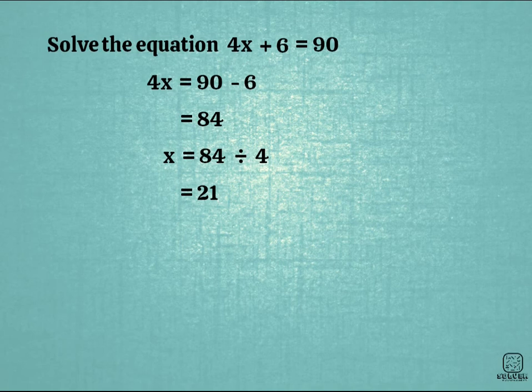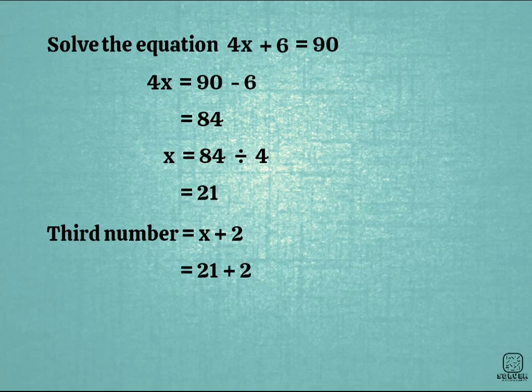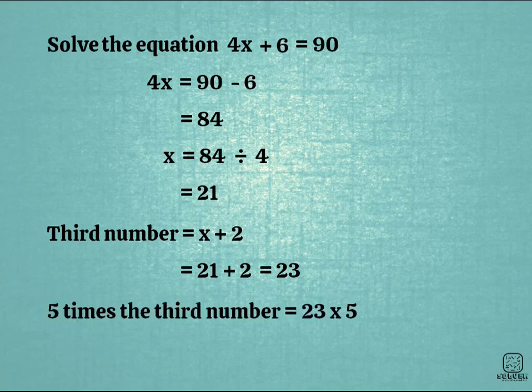We need to find the difference between 5 times the third number and 4 times the fourth number. Our third number is x plus 2. Substitute the value: 21 plus 2 equal to 23. So we got our third number. Now 5 times the third number is 23 into 5. That is 115.